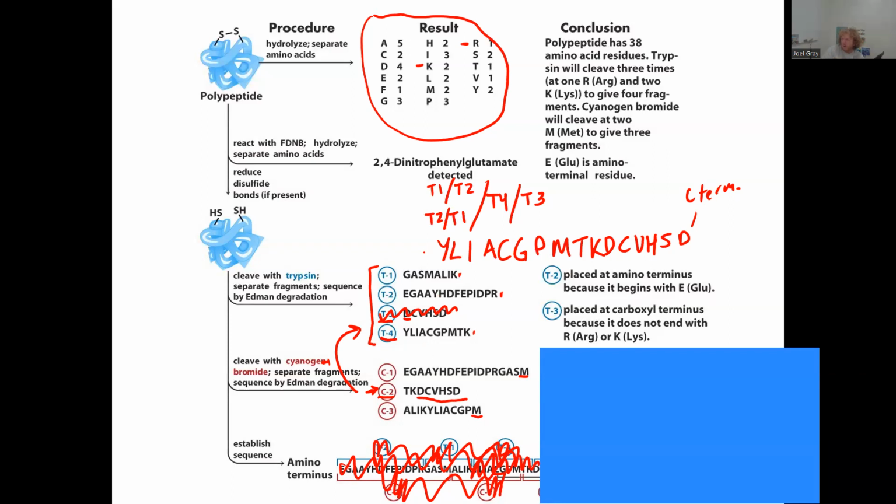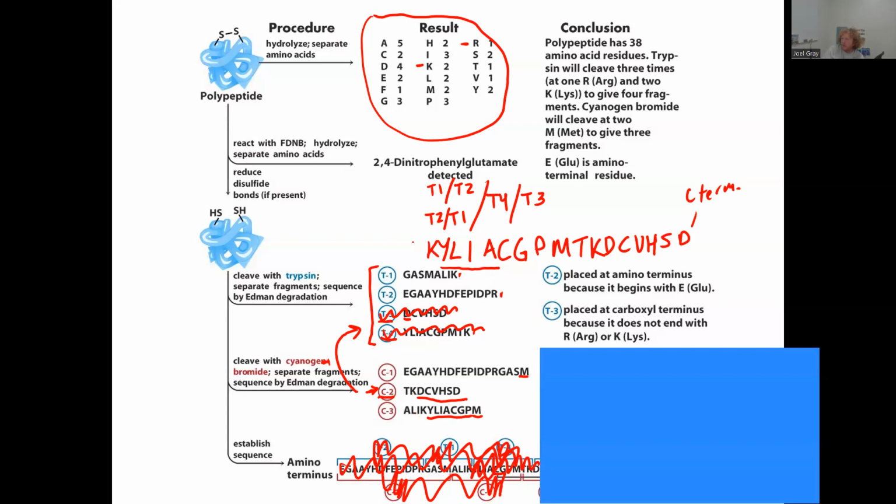Well, I made my T4, T3 peptide. I've got YLIA. Where is that in my cyanogen bromide clips? Oh, well, here it is. It's in C3. So now what are the amino acids that precede this Y?